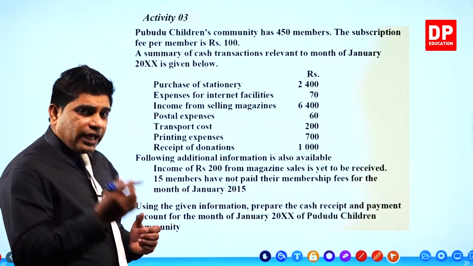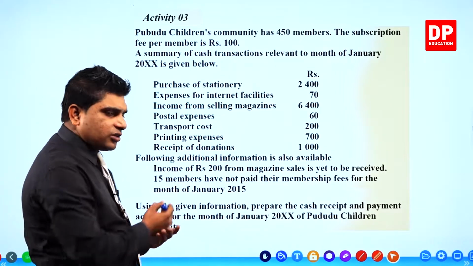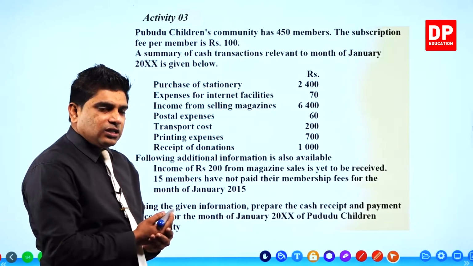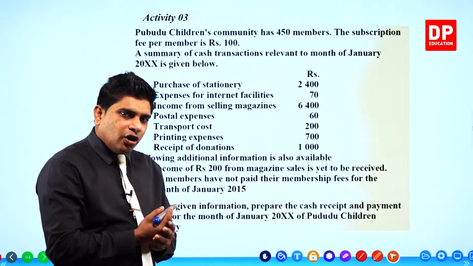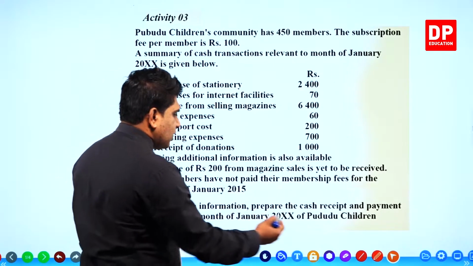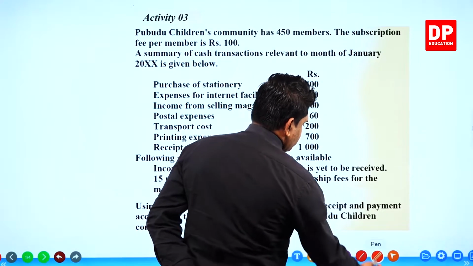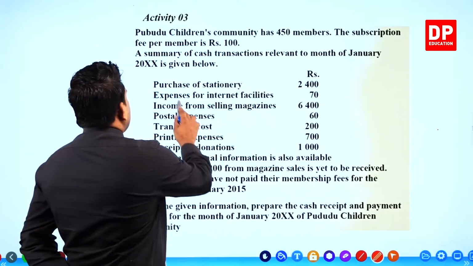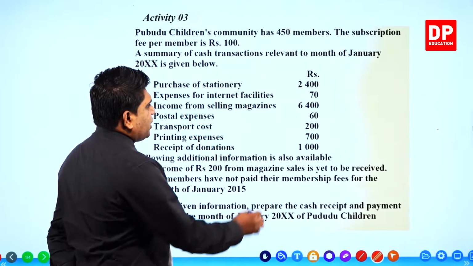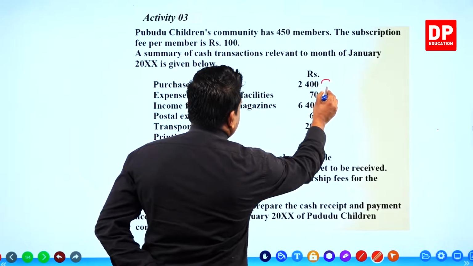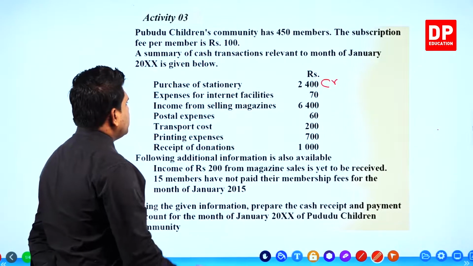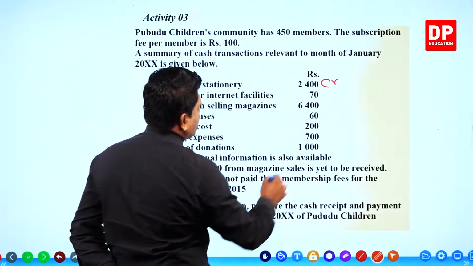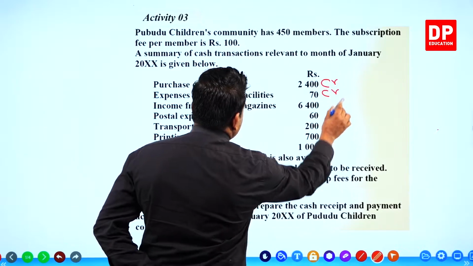Now, take your pencil and in front of each item, mark in your textbook whether we record it in the debit side or credit side. Now, I'll mark it here. Purchase of stationery goes to the credit side because cash goes out, right? Expenses for internet facilities, that one also we write in the credit side.